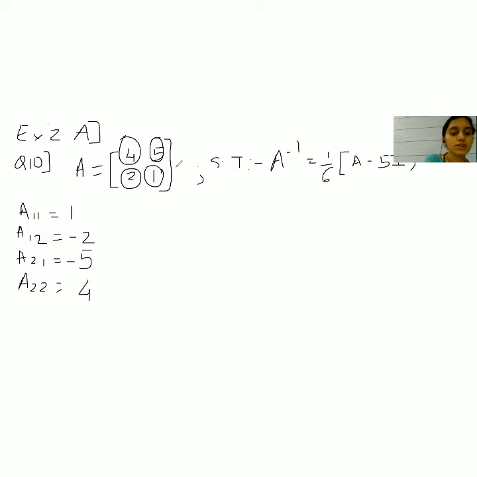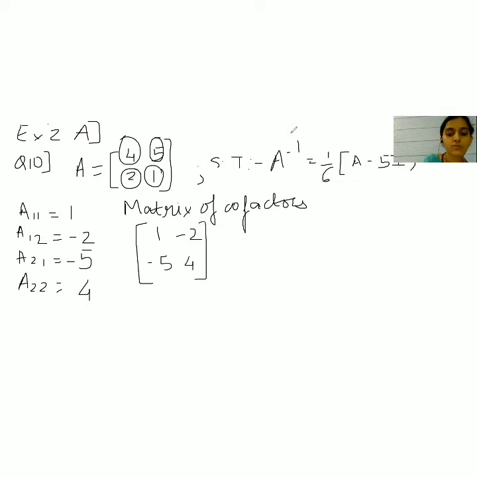Next is the matrix of cofactors. Matrix of cofactors is given by 1, minus 2, minus 5 and 4.